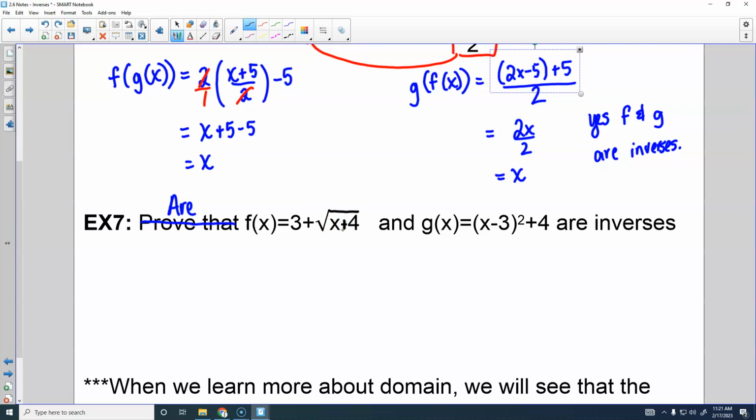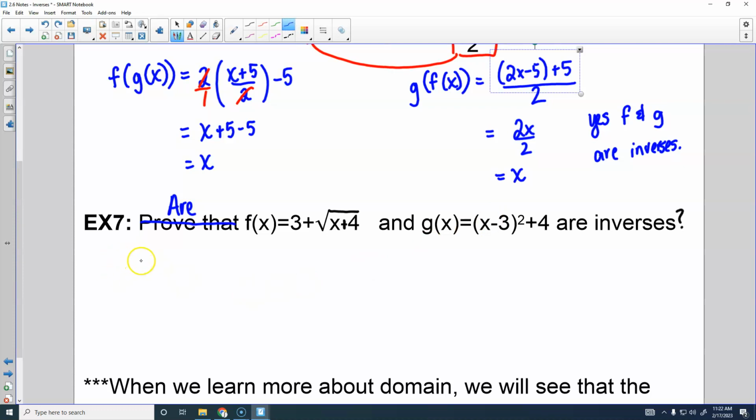And instead of saying prove that they are inverses, I'm asking the question, are they inverses? And justify your answer. This is a little bit more like what you'll see on the test or the quiz. So if I'm asking, are these inverses, and I purposefully have changed that to a plus sign because I want the answer to be no on this one. So you see what it looks like when it's a no.